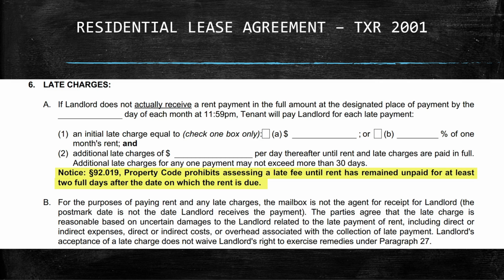So what this means practically for us is the minimum grace period that we can put in 6A should be 2 days. And then after the rent remains unpaid for those 2 days, on the beginning of day 3, then the landlord can charge the initial late fee. So minimum of 2, whatever the landlord wants us to write in there, 2, 3, 4 are the most common ones that I've seen.